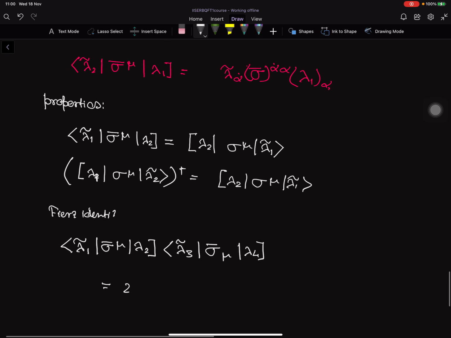This is the same as 2 times the dot product of lambda 1 and lambda 3, the two right-handed spinors, and then the dot product of lambda 2 and lambda 4.